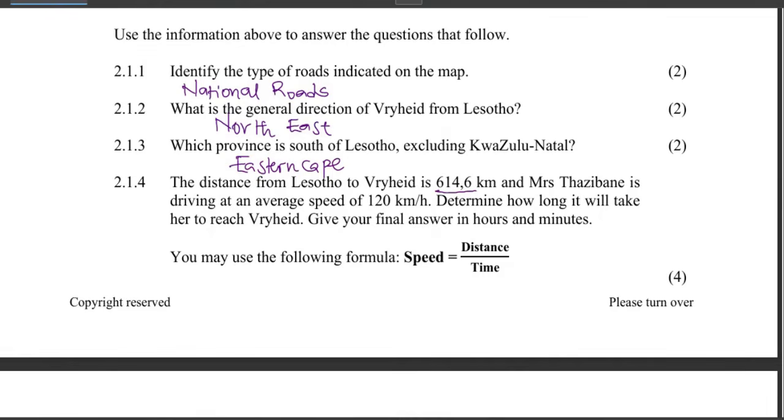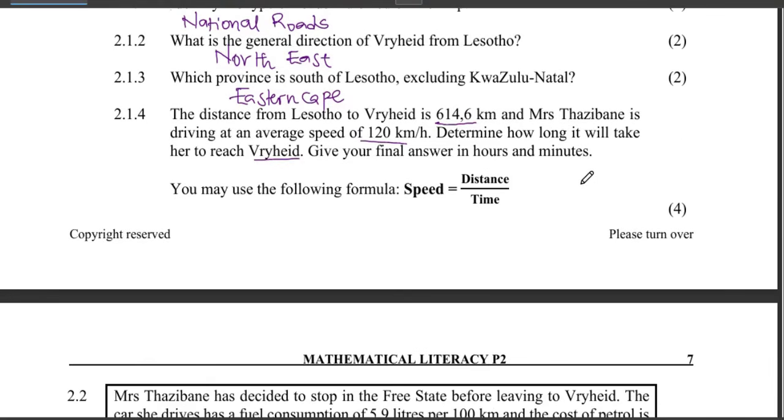The distance from Lesotho to Verheyen is 614.6 kilometers. Mrs. Tazibani is driving at an average speed of 120. Determine how long it will take her to reach this place. Give a final answer in hours and minutes. First and foremost, what are we looking for? We are looking for time.